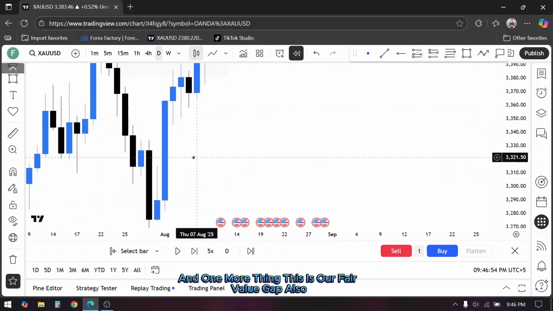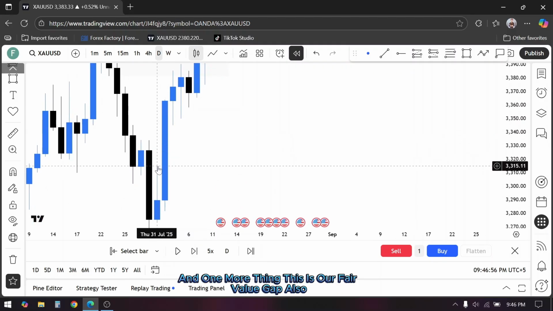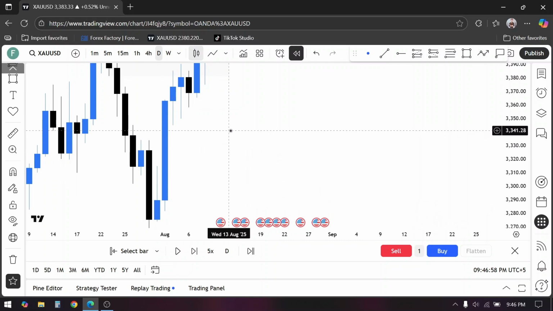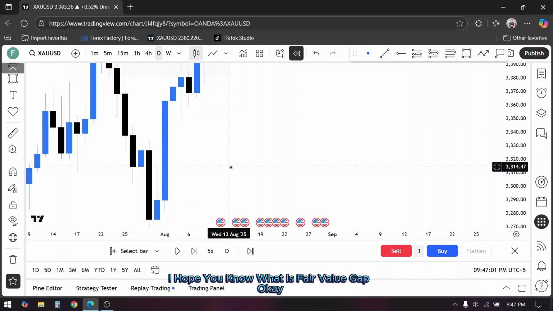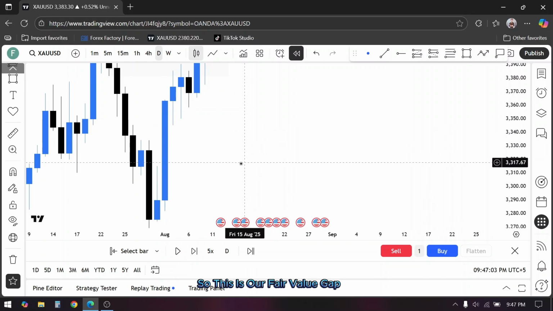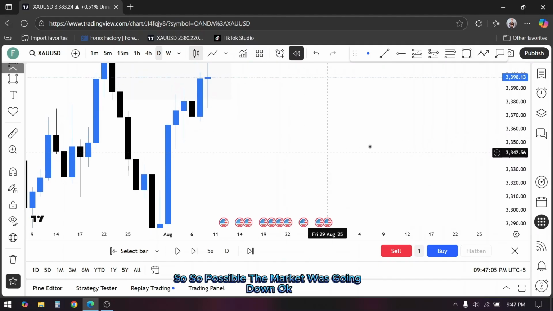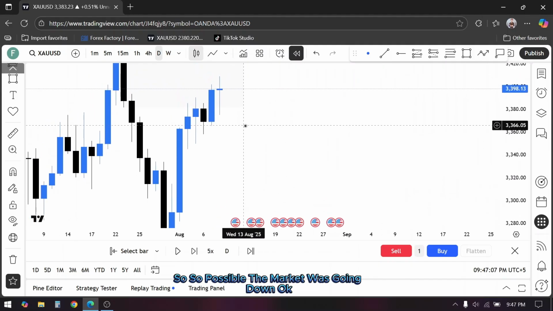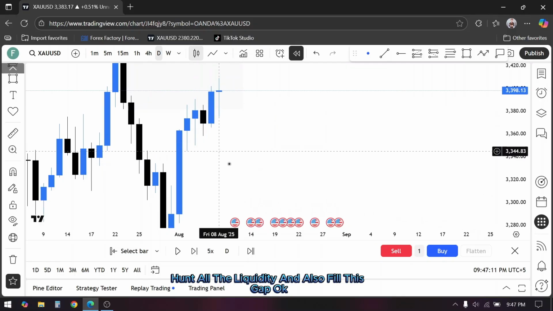And one more thing, this is our fair value gap also. I hope you know what a fair value gap is. So possibly the market goes down, hunts all the liquidity and also fills this gap.